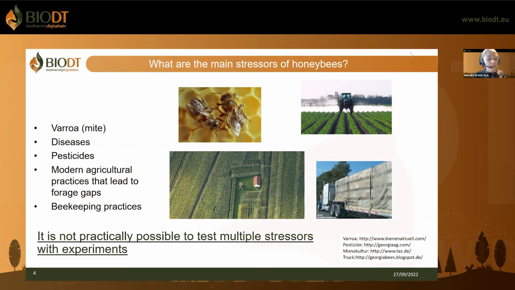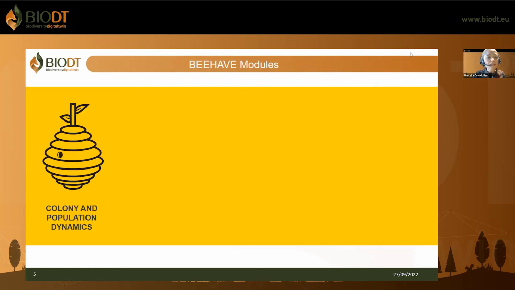What should be emphasized is that it's not practically possible to test these multiple stressors simultaneously with experiments. So instead, to understand honeybee population decline and honeybee dynamics, models are typically used. In our case, the model that we're using is called BEEHAVE. BEEHAVE has multiple modules for modeling different variables.